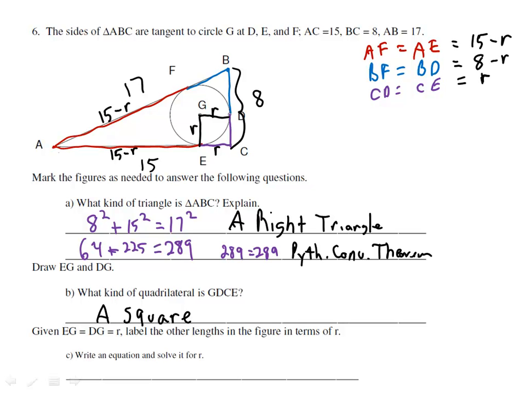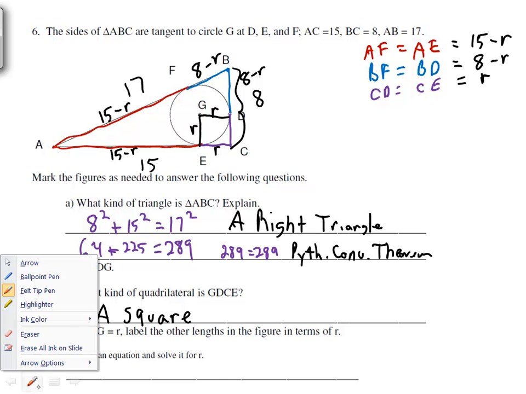Now we're supposed to write an equation and solve it for R, and you might be wondering how we are going to get this. Well, the way we do it, again, is by marking up our figure here. Since BD is tangent along with BF, they're both from the same external point, they're equal to each other. So if BD is 8 minus R, so is BF. What have we really got?